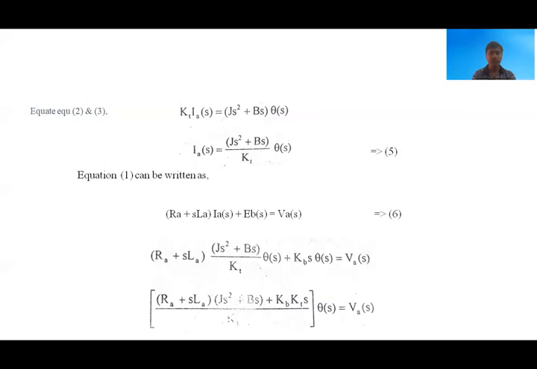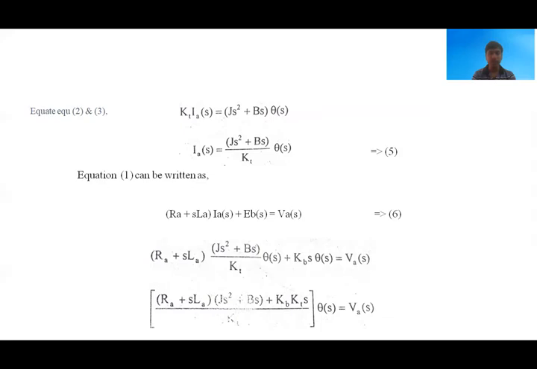Now we'll substitute Ia of s from equation 5 into equation 6. Therefore we will get Ra plus s into La into Js square plus Bs by Kt into theta of s plus Eb, that is Kb s theta of s, is equal to Va of s.